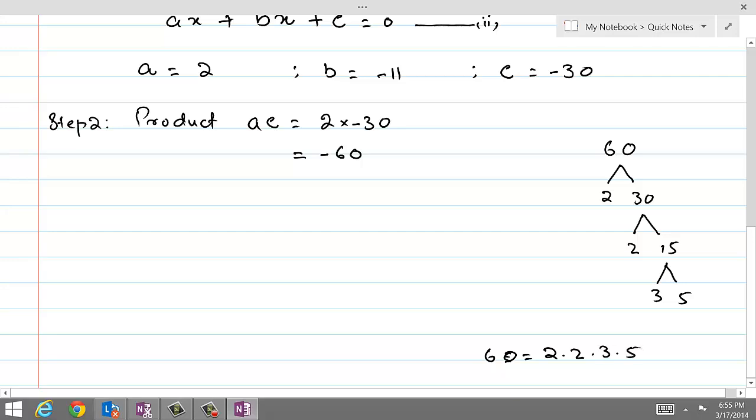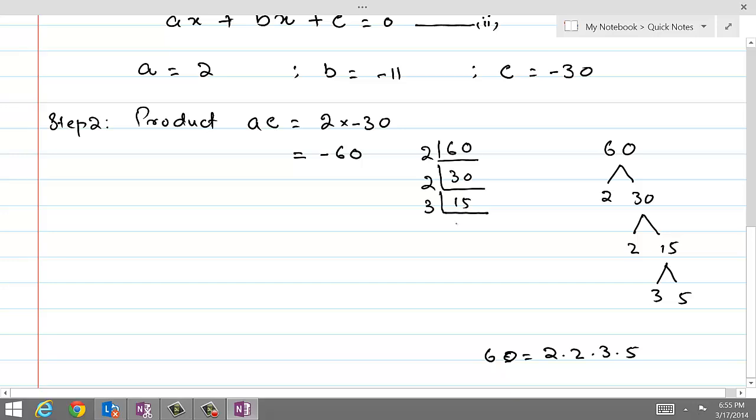There is another technique if you like to use it, that is called small division, and in small division we divide 60 by the first even prime number. If 60 is even, then it will divide by 2. This will be 30, and 30 divisible by 2 again will give 15. 15 is not an even number anymore, so it will not divide by 2.